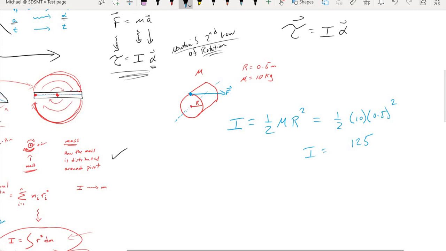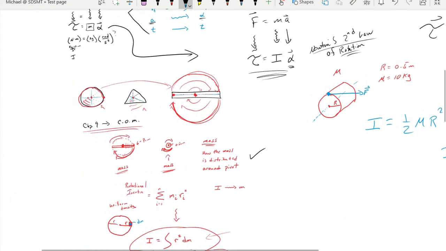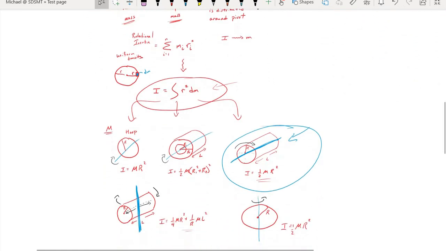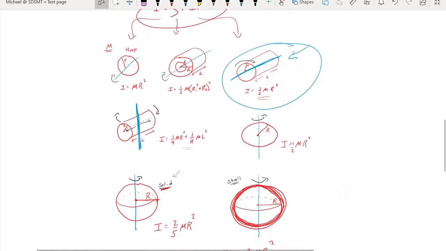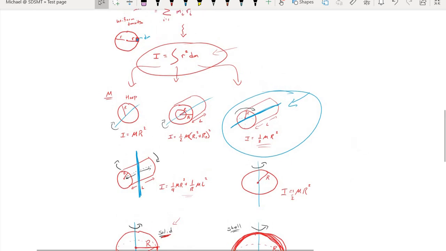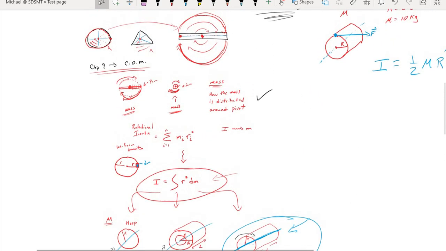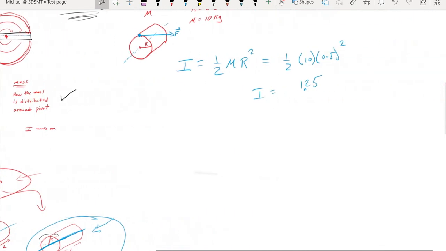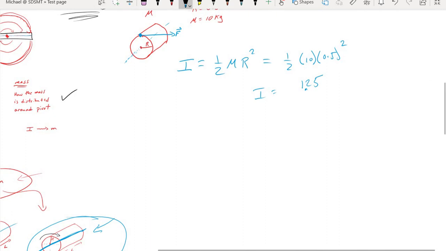Well, so what are the units of inertia? If you noticed, with all of our examples here, the units in every case are the same. In every case, we have a mass term and a squared radial term. And so the units are going to be kilogram meters squared.